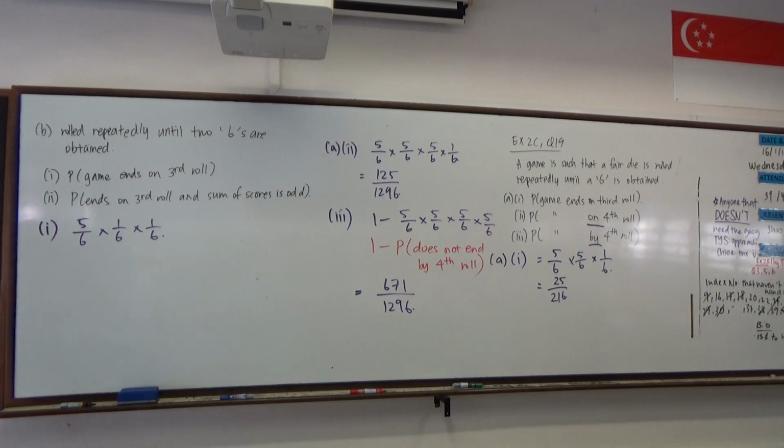The question is saying 2 sixes are obtained. It doesn't mean that it must be consecutive. The question never says it's consecutive, right? So it does not need to be consecutive.